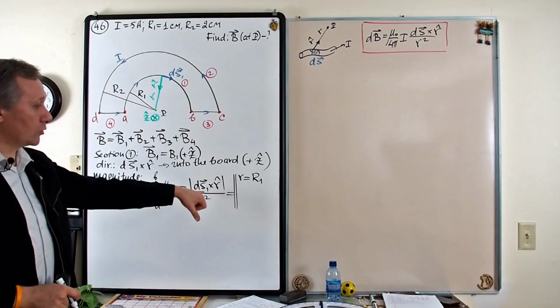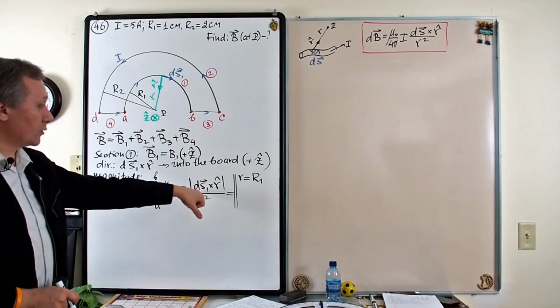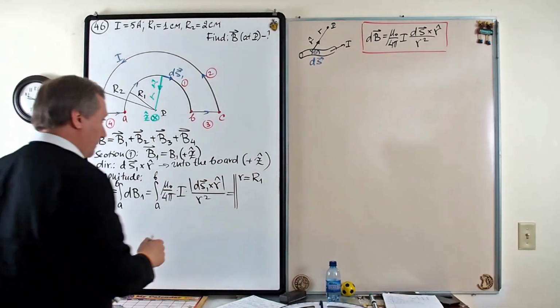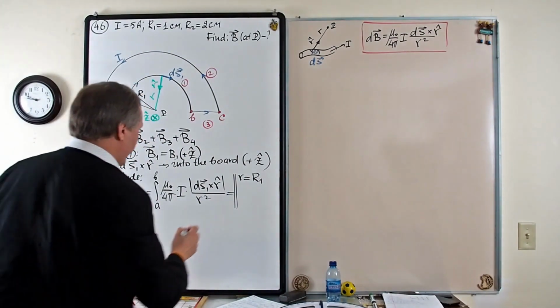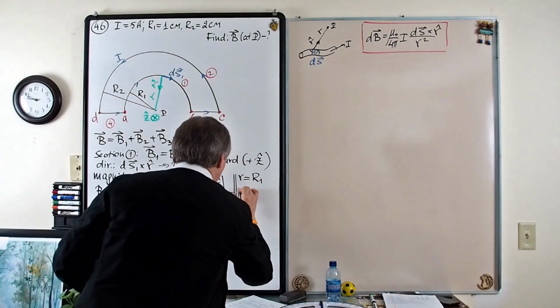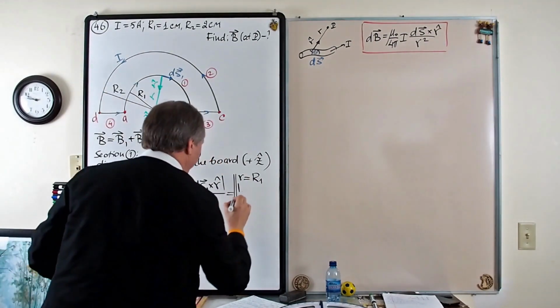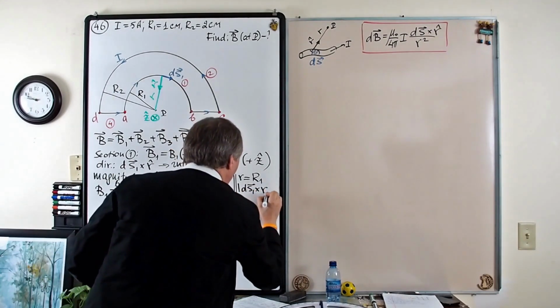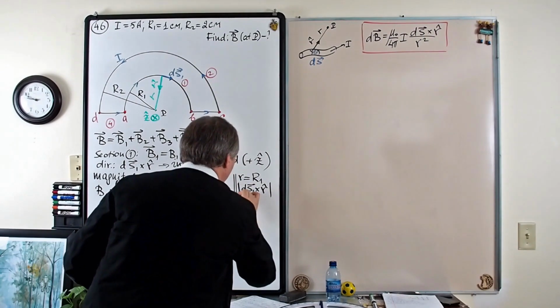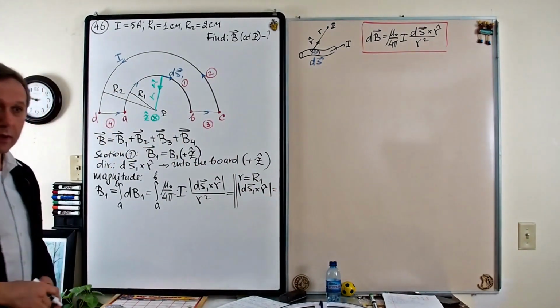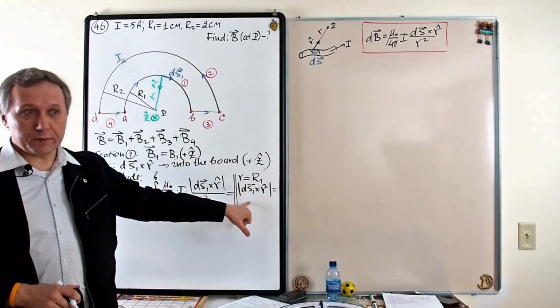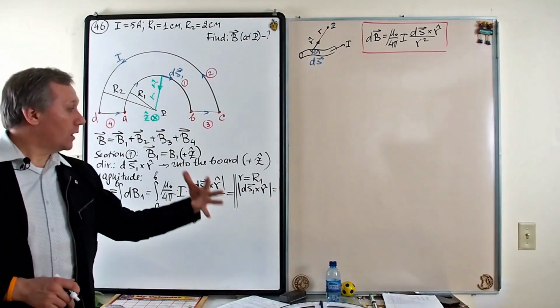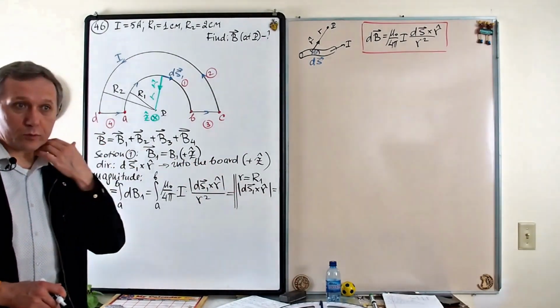Then we need to look carefully at the absolute value of the cross product, the absolute value of ds1 cross r hat. You remember how we can find the magnitude of the cross product?